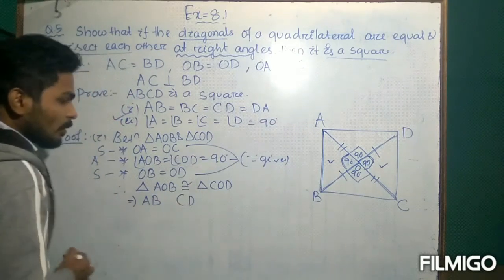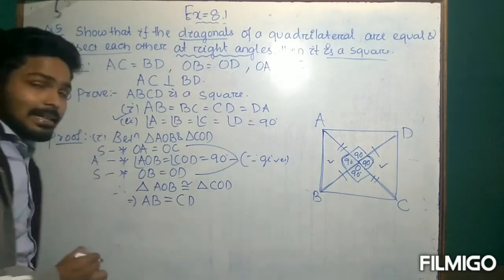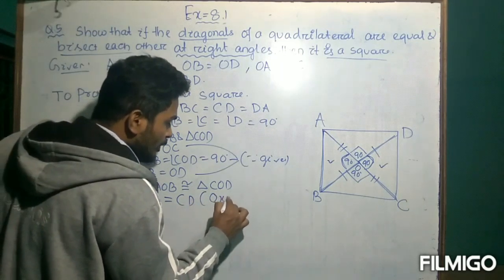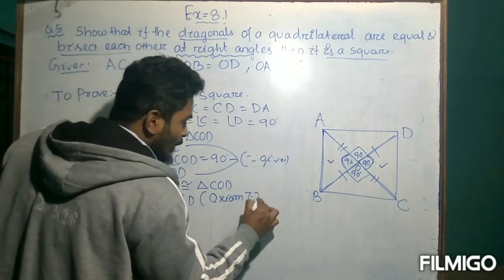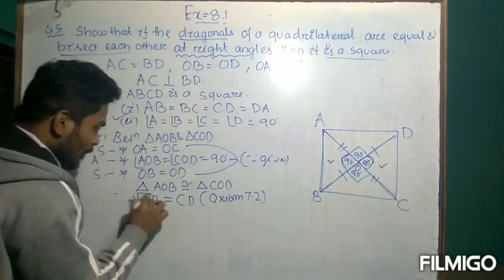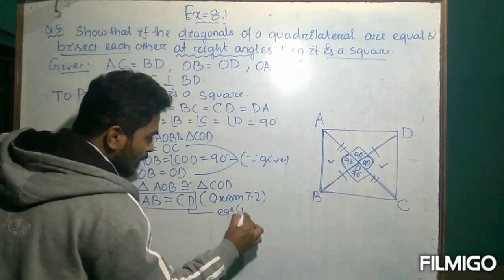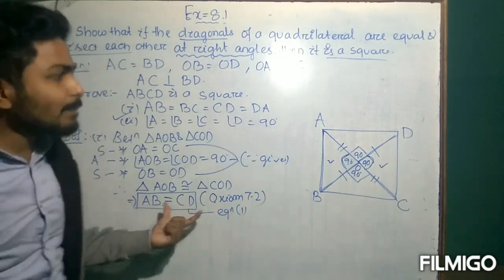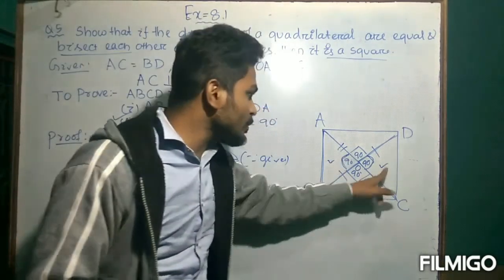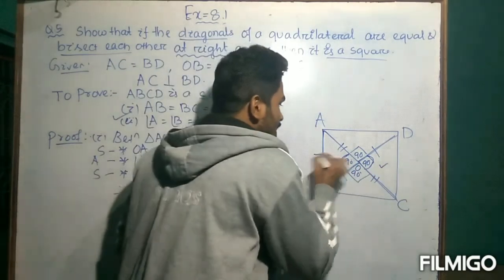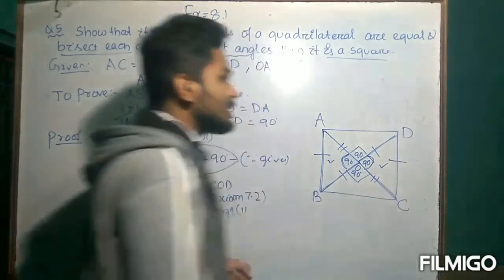Since these two triangles are congruent, their corresponding sides must be equal by axiom 7.2. So we have proved AB is equal to CD. This is equation number 1. We have proved it by considering these two triangles. That means this side AB is equal to this side CD.